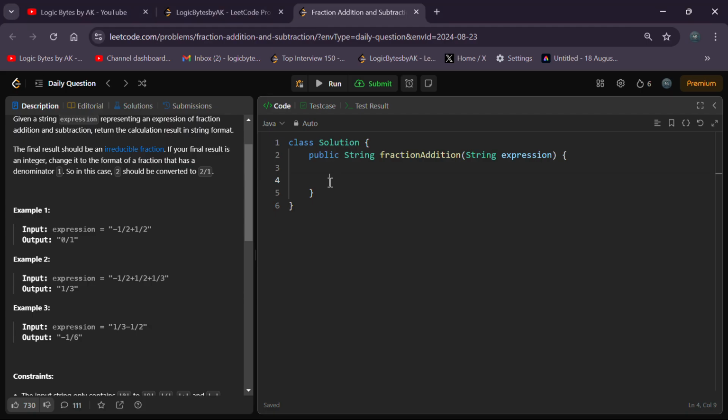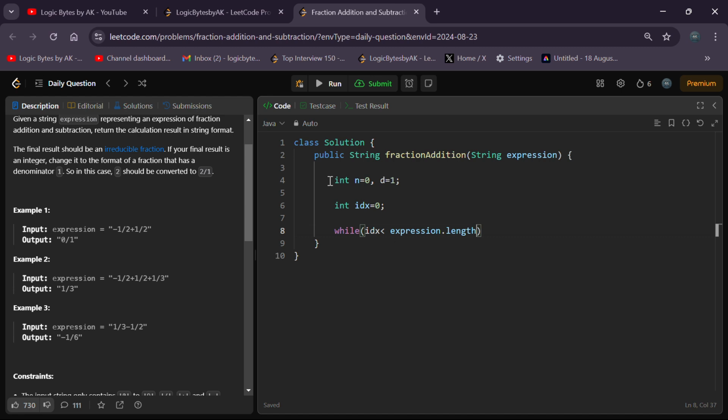Okay, guys. Initially we need a numerator, let's say n equal to 0, and the denominator d equal to 1. After that, we need an index pointer, which iterates from index 0 to expression dot length. For every fraction there will be a sign, so let us take the sign as an int sign.